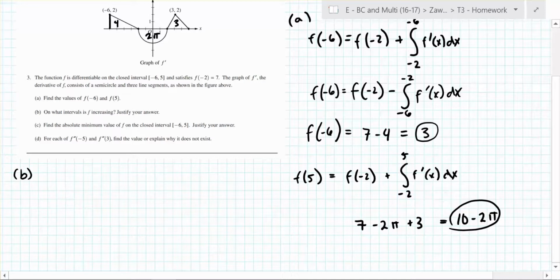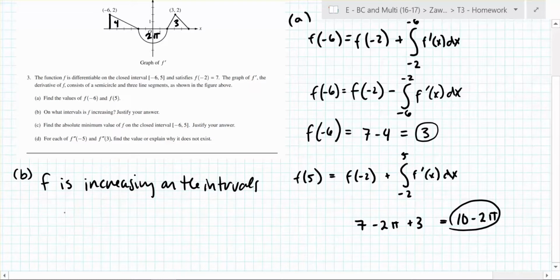So we're going to want to say something like f is increasing on the intervals -6 is less than x is less than -2, and 2 is less than x is less than 5.